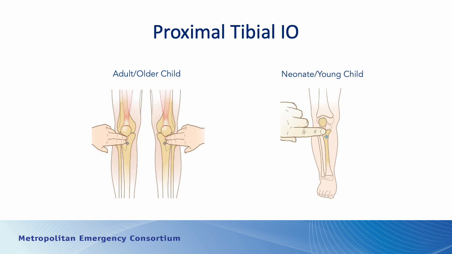If you're talking about a young child or neonate, it's not 2 fingers, it's 1 finger. There's still that flat spot. You go down 1 finger below the lower tip of the patella or kneecap, and where your fingertip is, that's kind of your sweet spot to place the needle.